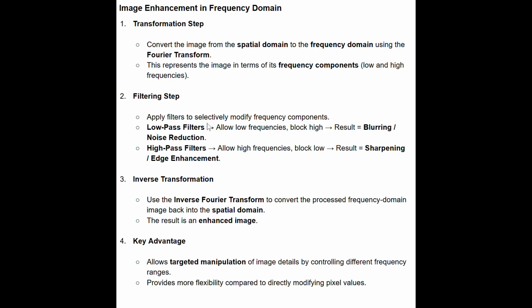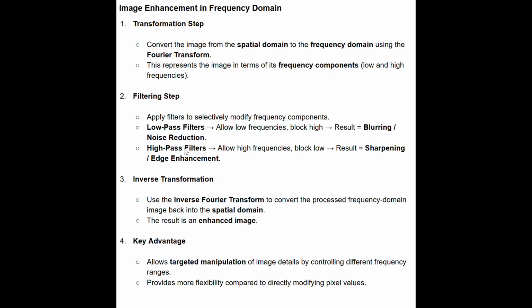The next step is the filtering step. We apply filters to selectively modify the frequency components. We use low pass filters, which allow the low frequencies and block the high frequencies, which results in blurring of the image or reducing the noise from the image.